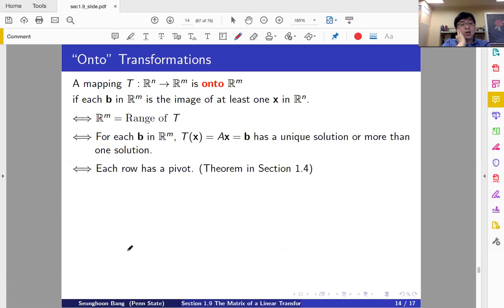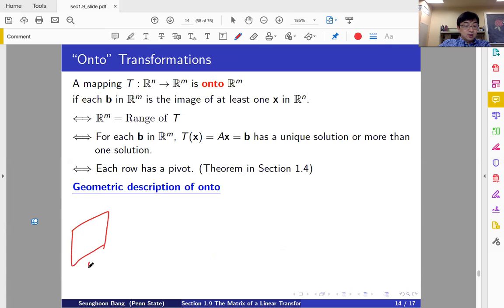So you can change it to matrix form. What does it mean? Each row has a pivot. This is key. Each row has a pivot. What is the geometric description? Here, this is the Rn domain and this one is Rm.